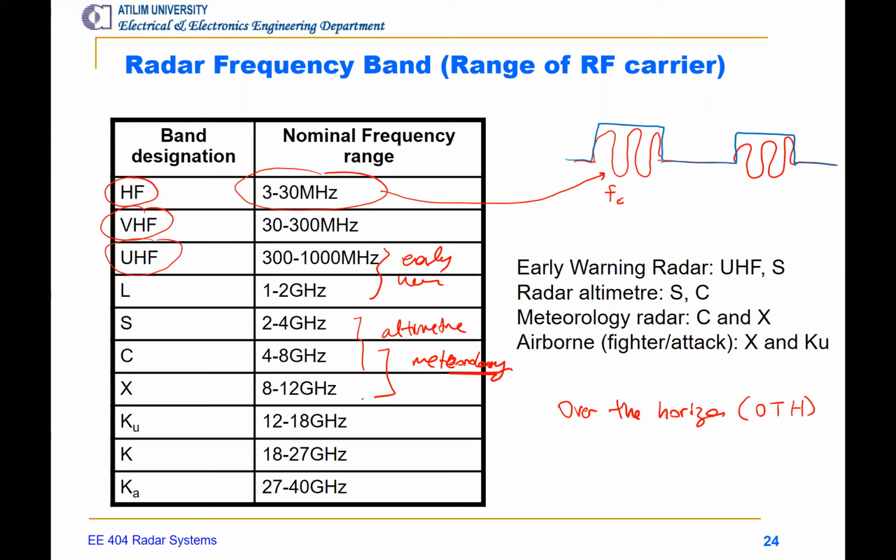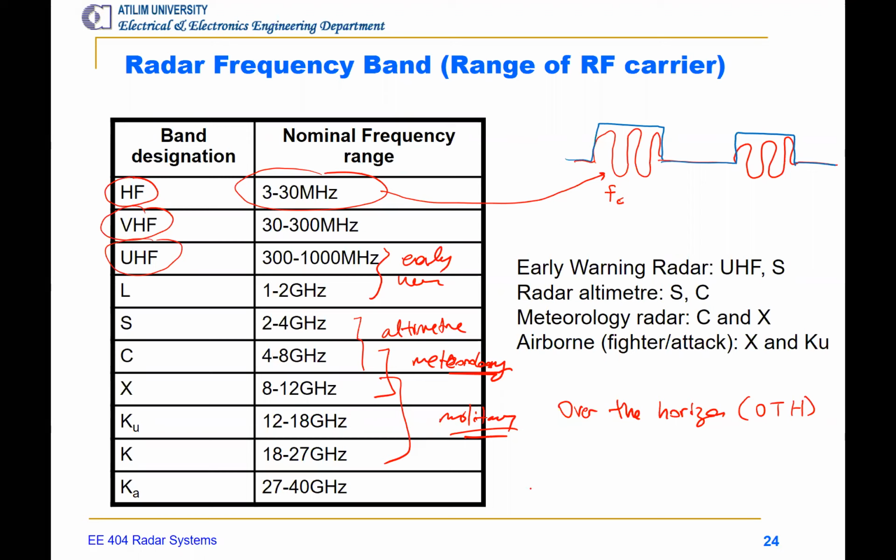And after about 8 gigahertz, we see military radars. Usually these bands are designated. If you want to build a military radar, you are given a specific band and you have to use that band with some conditions. Otherwise, you couldn't use it. Of course, you can design your radar at any frequency, but you couldn't sell it if it doesn't meet the standards.